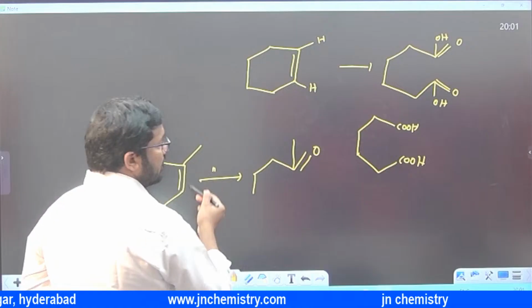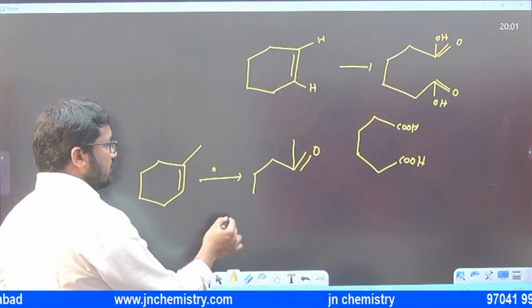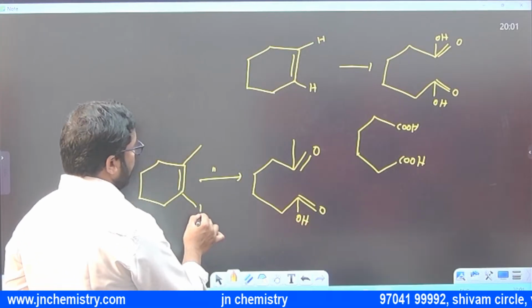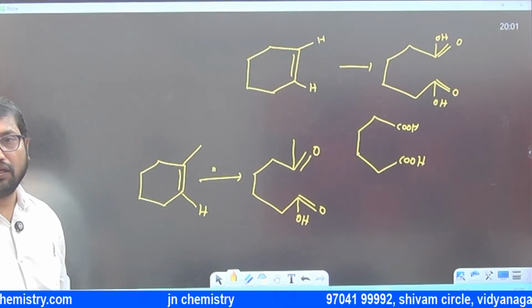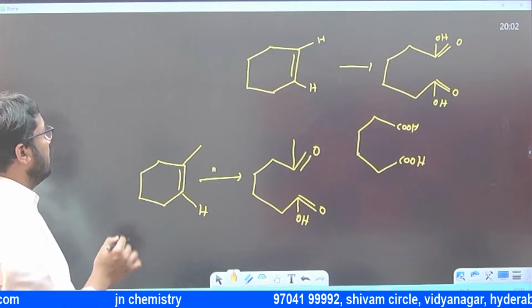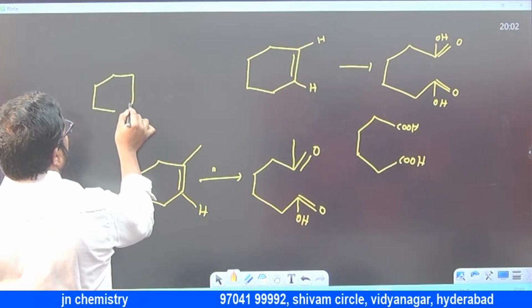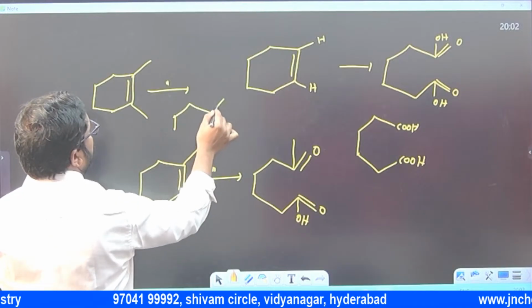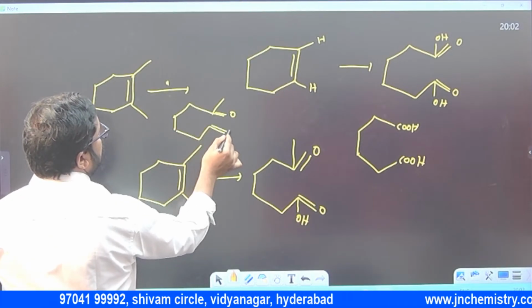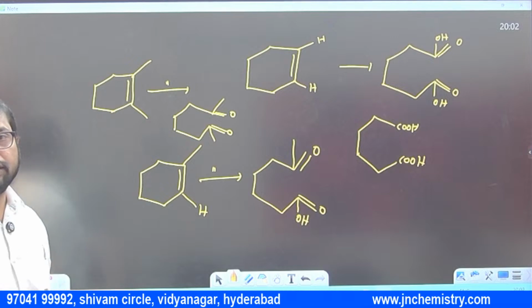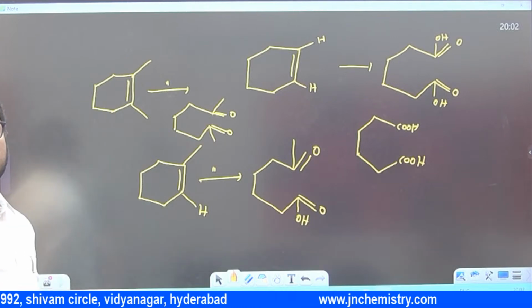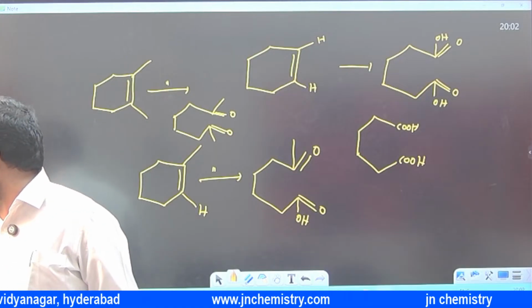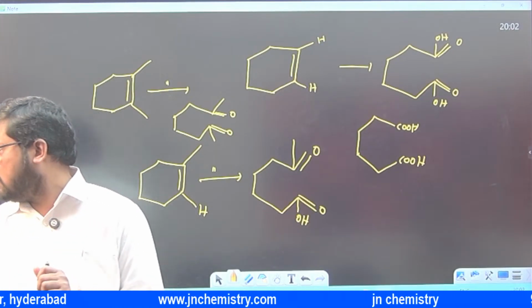Here, because methyl is already there, we can't do anything. So in this case, the bottom one is converting into carboxylic acid because here the hydrogen is there, right? In this case, directly we can write like this. Easy. Okay now? Any doubts?